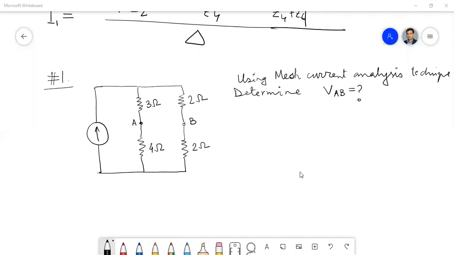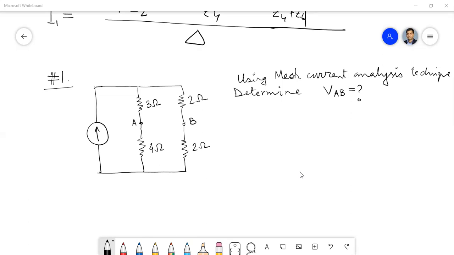Sir, can I convert the current source to a voltage source? Yes, you can, and you have to do that, because though we can see almost two loops, the loop consisting of the current source only cannot be considered for the mesh current technique.